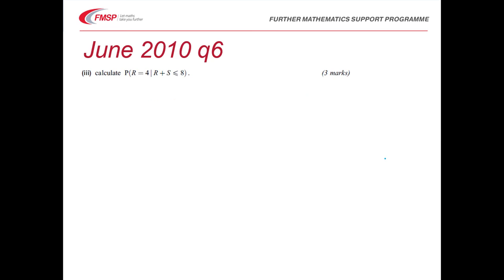We're then asked to calculate the probability of R equaling 4 given that R plus S is less than or equal to 8. So it's a really good idea now, I think, just to go back and look at what we've done. So to get R plus S equaling 6, that was the probability of 3, we'll call this R and S, probability of 3 times the probability of 3.